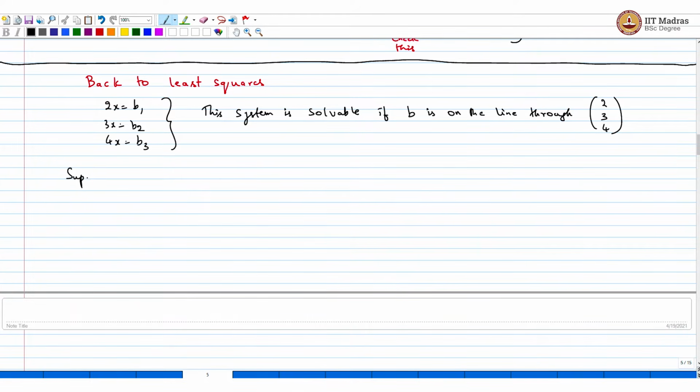Suppose we have a vector b that leads to an inconsistent system.